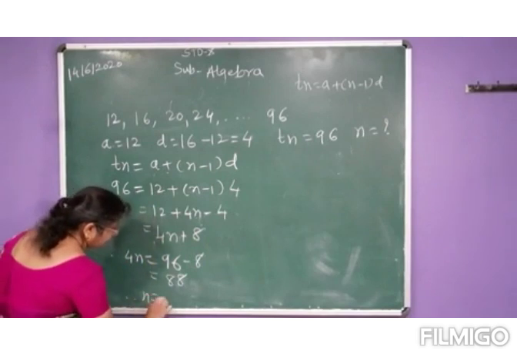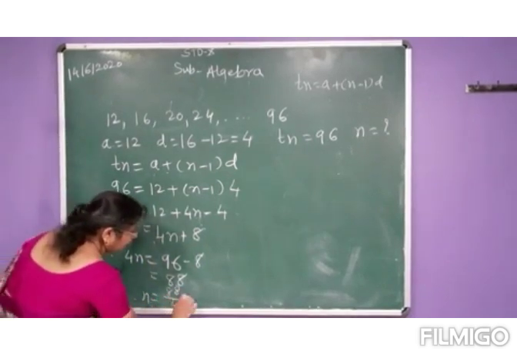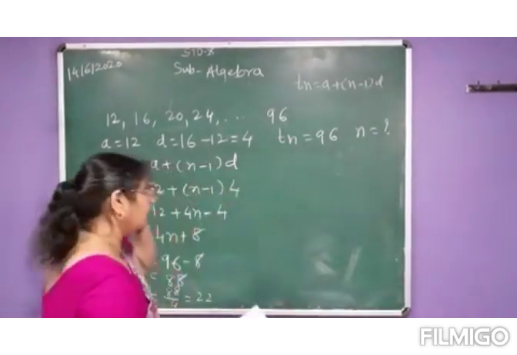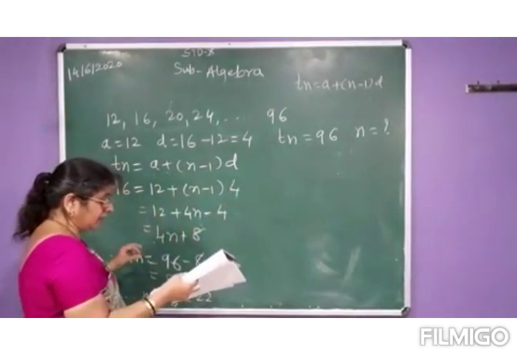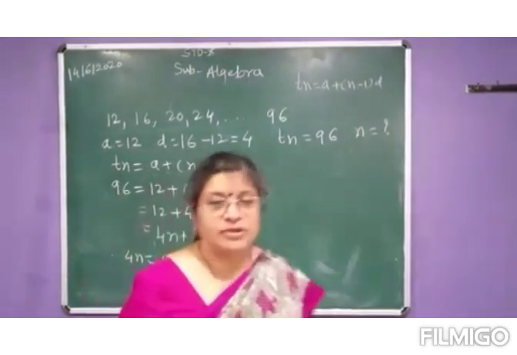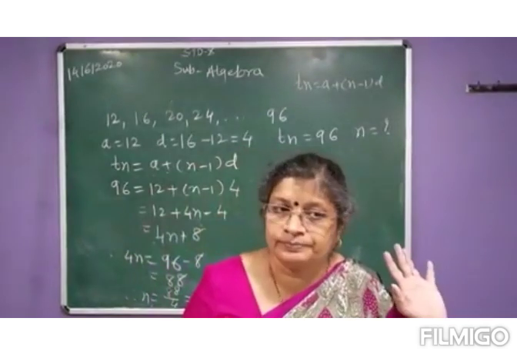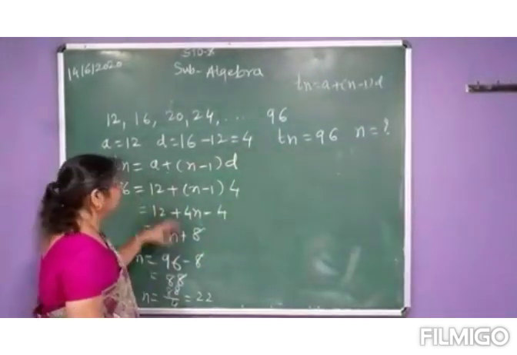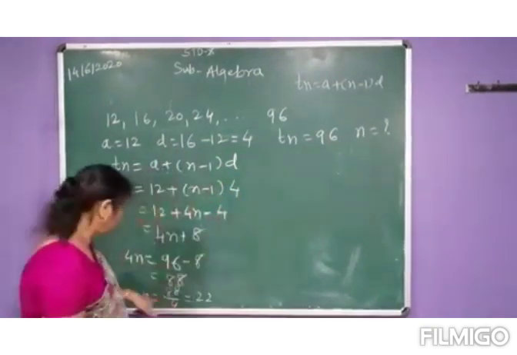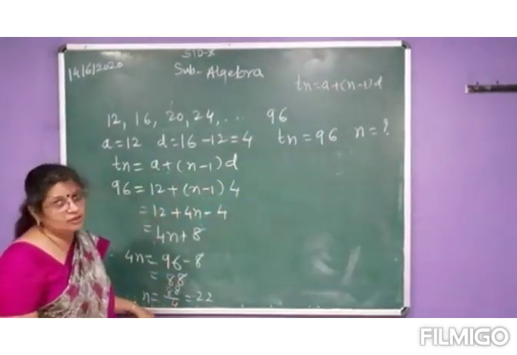Therefore n is equal to 88 upon 4, that is 22. So the answer is: there are 22 two-digit natural numbers which are divisible by 4. So if you know A, D and Tn is given, you can find the value of n.